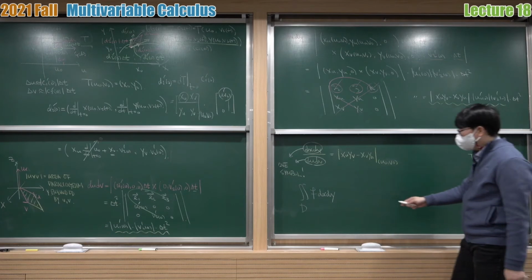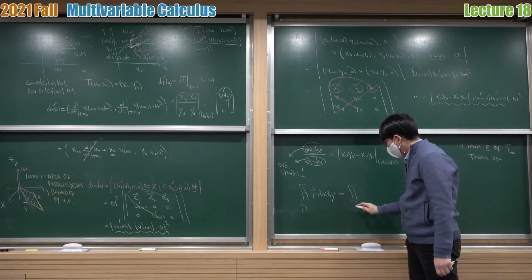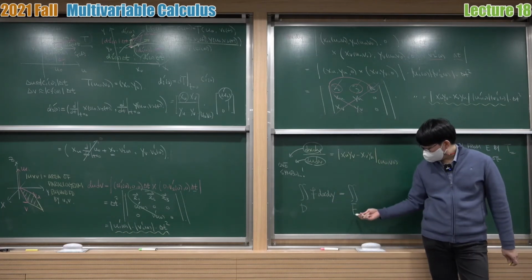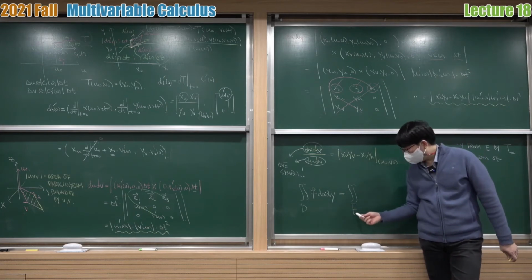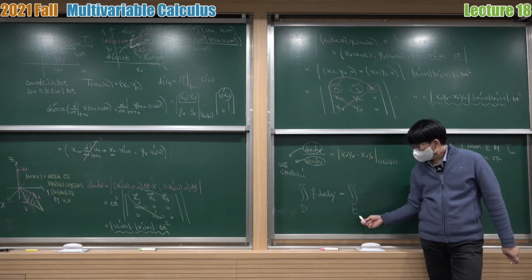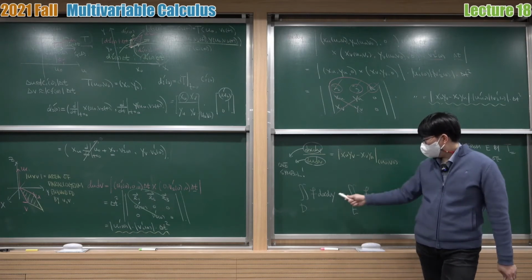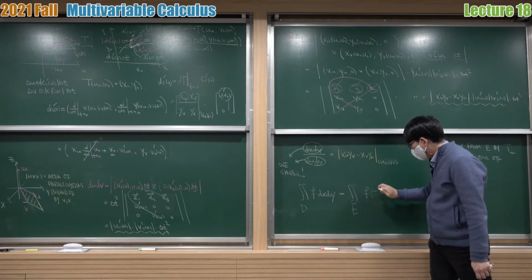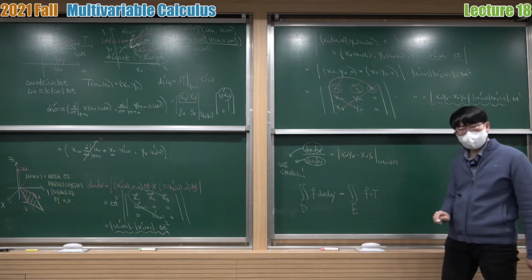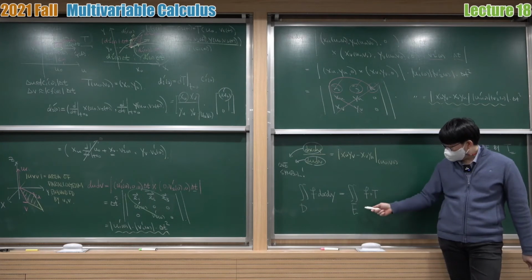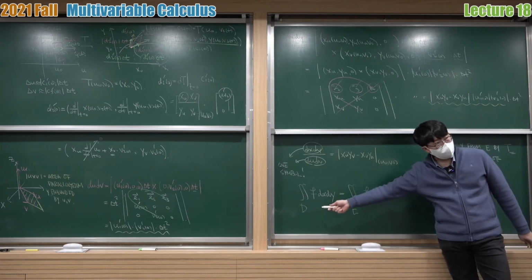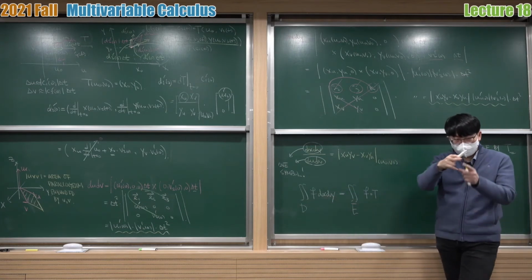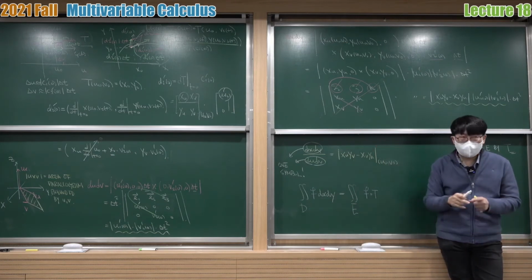Then everything I can compute on D is one-to-one mapped to a point in E, so I can simply change my domain of integration from D to E. But then I have to map a point in D from a point in E. So I have to take a composition of F and T, because T is the map which connects the point from E to D. And then I also have to change my dx dy, which represents the small area on the xy plane, to a small area on the uv plane.